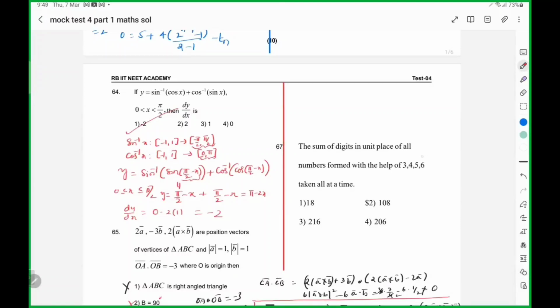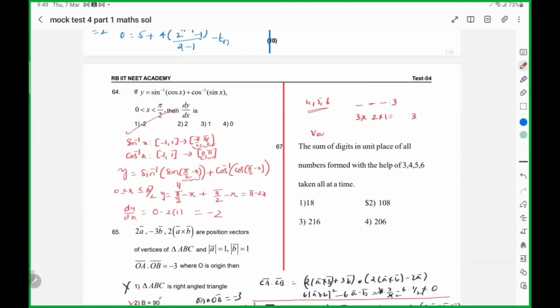Here, the sum of digits in the units place of the numbers formed from 3, 4, 5, 6 taken at a time. Suppose 3 is in the units place, the remaining digits are 4, 5, 6. These 3 digits can be filled in 3 ways for one place, and the next place can be filled with either 5 or 6, like that. So the number of 3's in the units place will be 6.